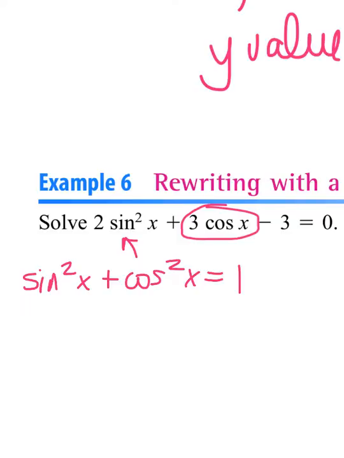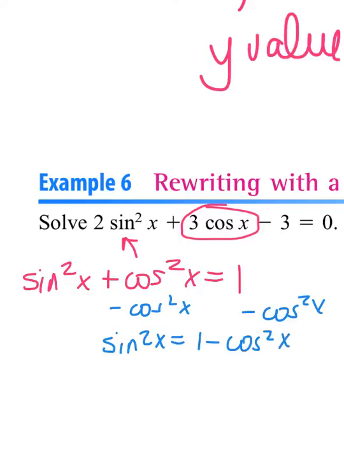Okay, if I move this to this side, would you guys agree that I can replace the sine squared of x with 1 minus cosine squared x? Yes. That's what we're going to do. Whatever the middle trig function is what you want to change to.